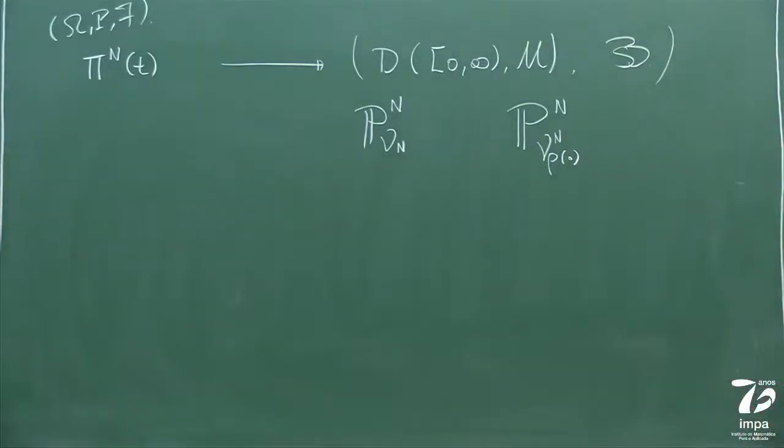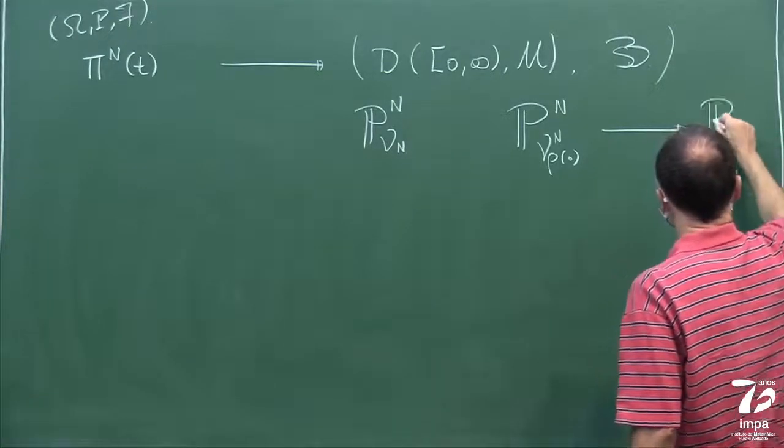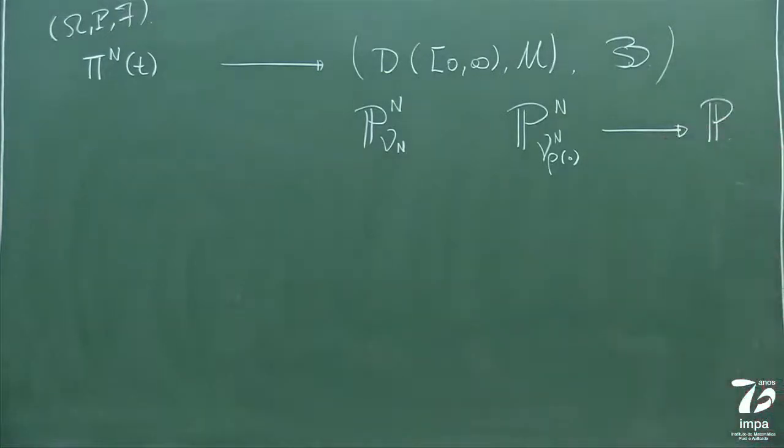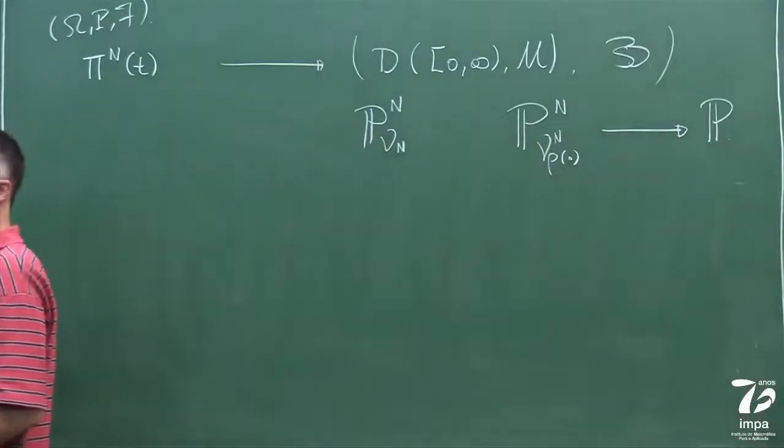And now, all my problem will be to prove that this sequence of measures converges to a measure. So this is the goal. And again, how do you do that? Well, you follow the same strategy.